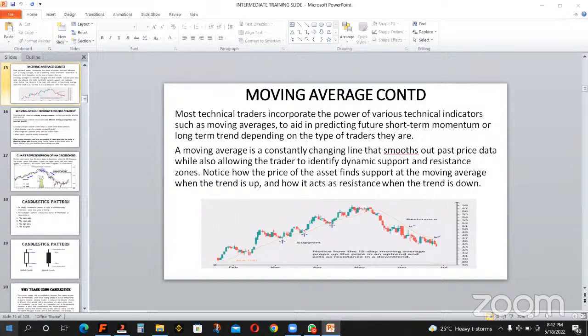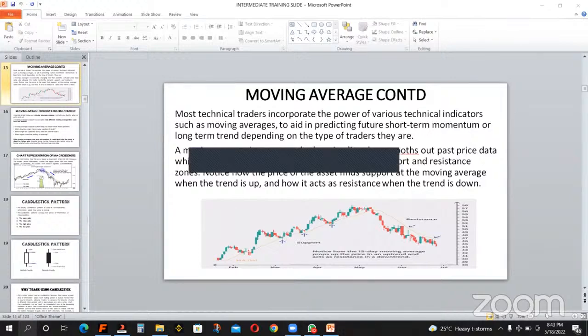If it is period 5, it means 5 candlesticks. Get the price of 5 candlesticks and divide it by 5. That is the average.